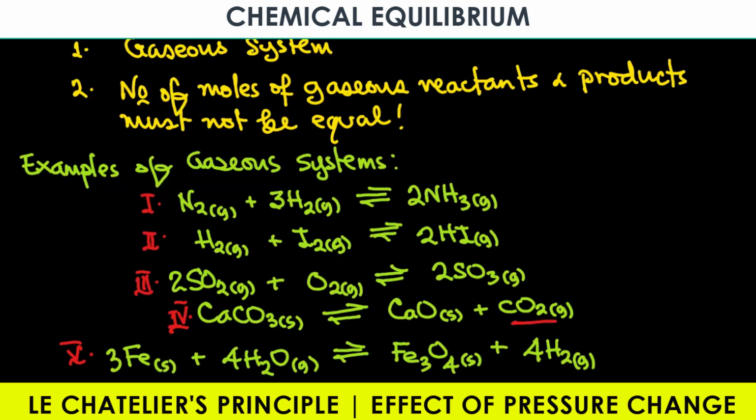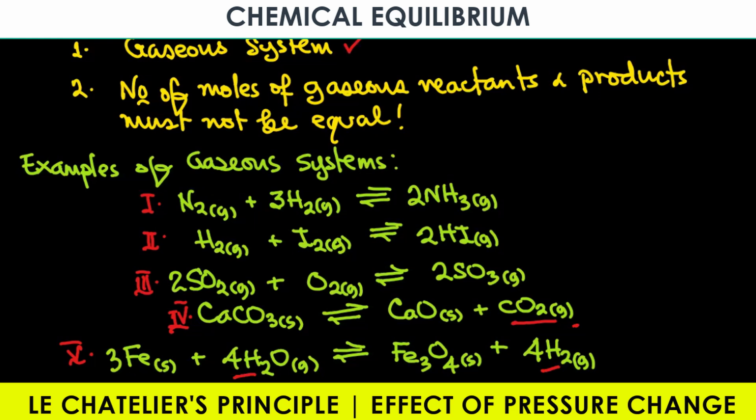A gaseous system. It doesn't matter that there is no gas on the reactant side, that's irrelevant, provided there's a gas here on the product side. If this gas was on the reactant side and none on the product side, it would also have qualified as a gaseous system. And now here you have gas on the reactant side and gas on the product side, steam and hydrogen gas. Good. So all of them have fulfilled condition what? 1.